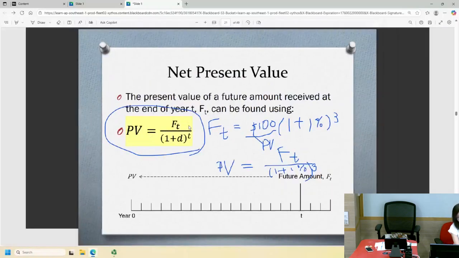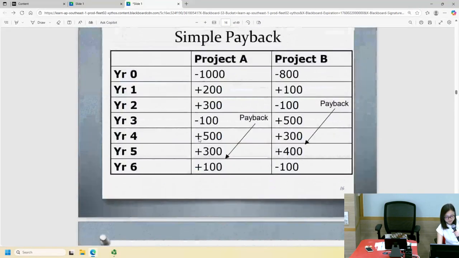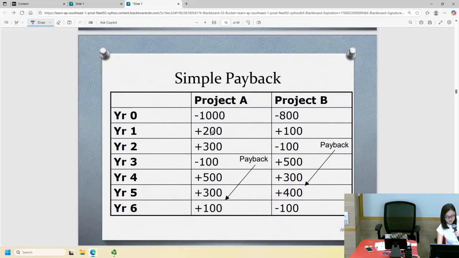So applying the same equation, here you will receive $200 1 year later. And what is the present value? So this $200 is the future money that you will get.